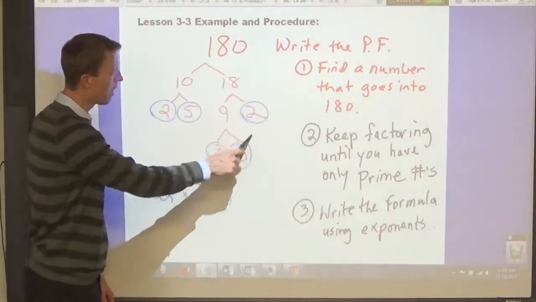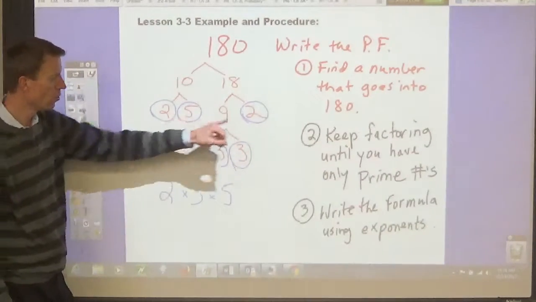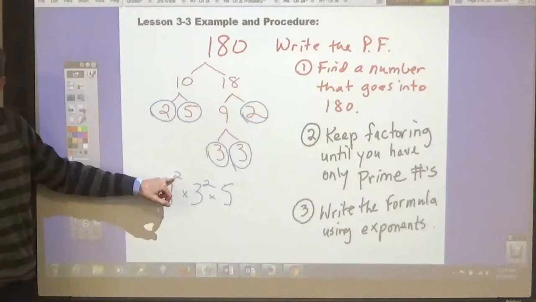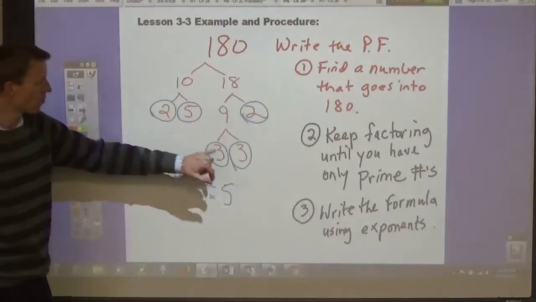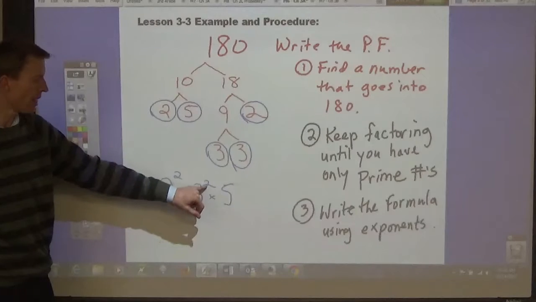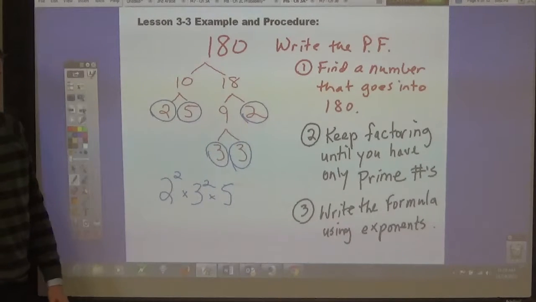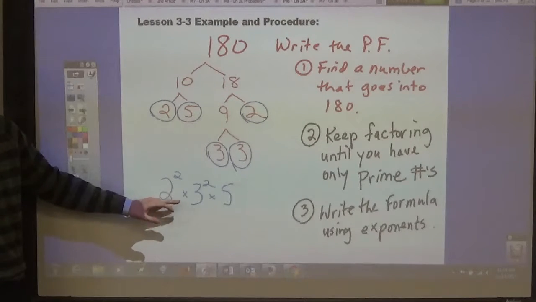So these are all the prime factors. I circled all the prime factors. And then if there are 2 2's in the formula, you use an exponent, so it'll be 2 to the second power. There are 2 3's, so we use 3 to the second power. And there's a 5 in the formula. So this is how you'd write that. Any questions on this?